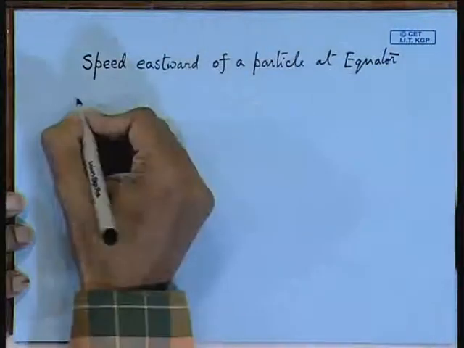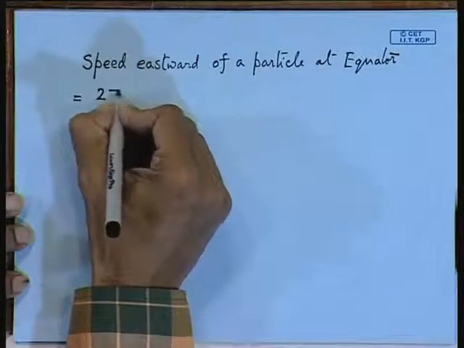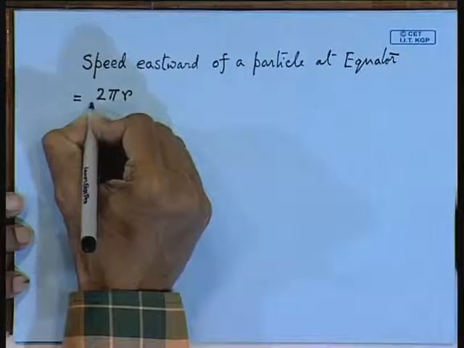So, how much is that? This will be circumferential speed, 2 pi r divided by 24.